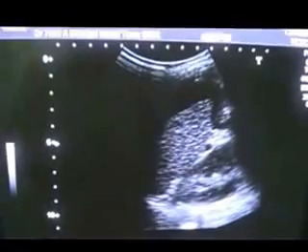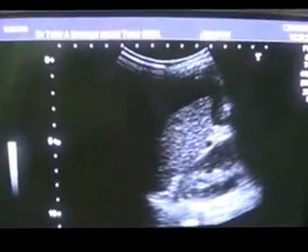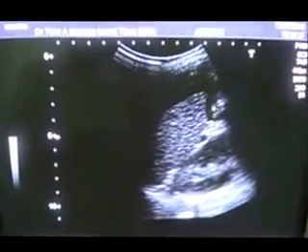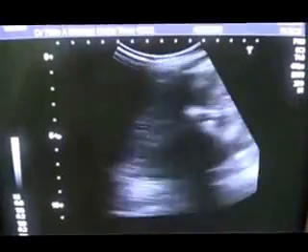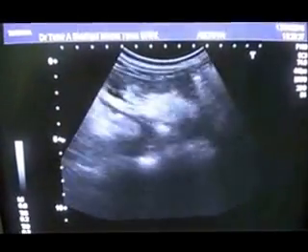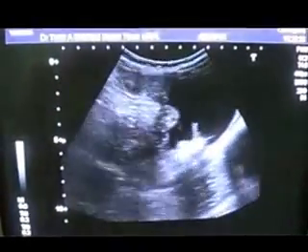This is the kidney, this is the spleen, this is all fluid, and this is the fluid in the left paracolic gutter.